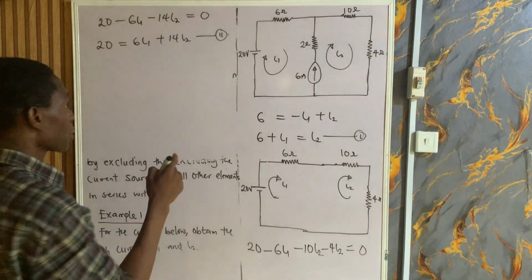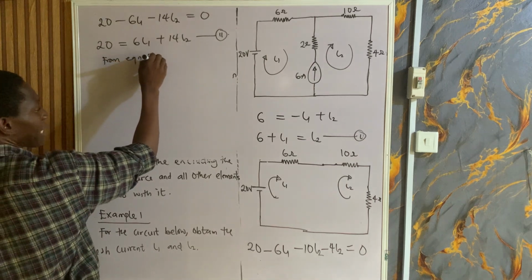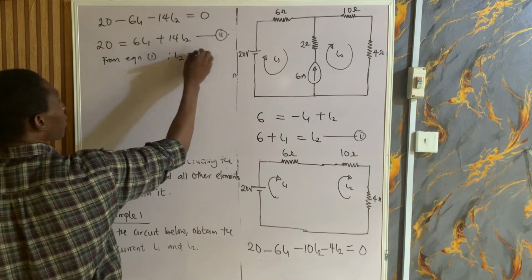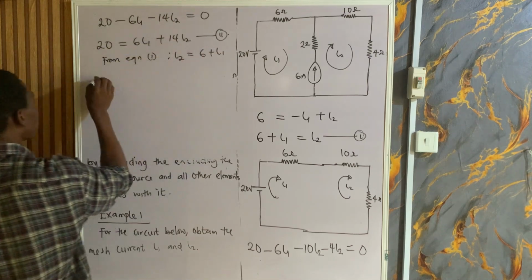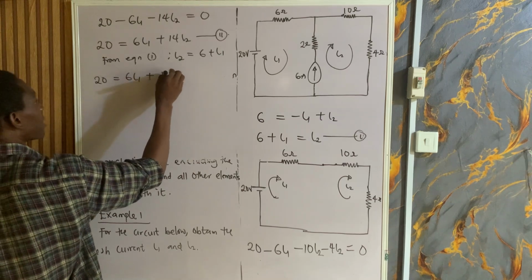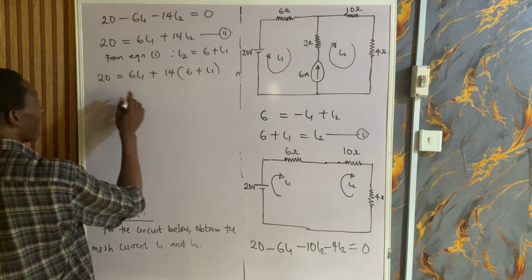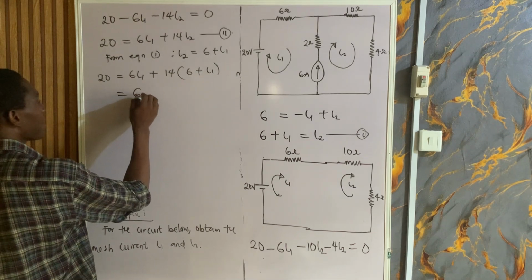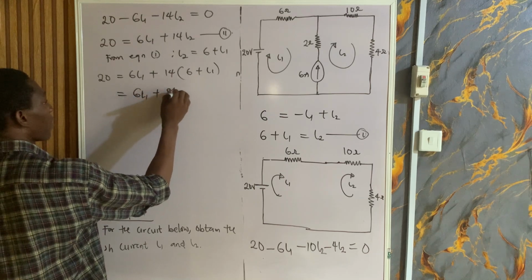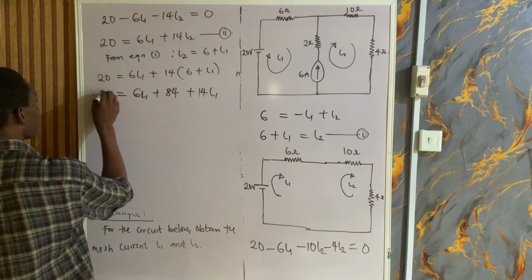But from equation 1, we've already said that I2 is equal to 6 plus I1. So replace that here. This will be 20 is equal to 6I1 now plus 14. Instead of I2 now we have 6 plus I1. So this will be 6I1 plus 84 plus 14I1.